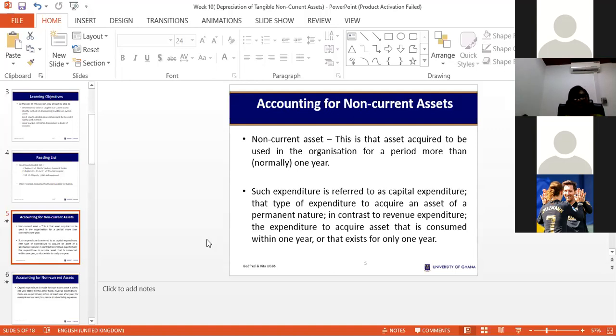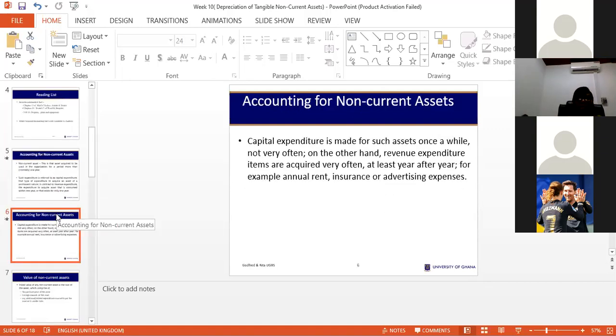Now, in contrast, revenue expenditure is expenditure that is consumed within the year. And that revenue expenditure exists for only one year. With capital expenditure, you would see the value of that expenditure beyond one financial year. And so we must take note of that.